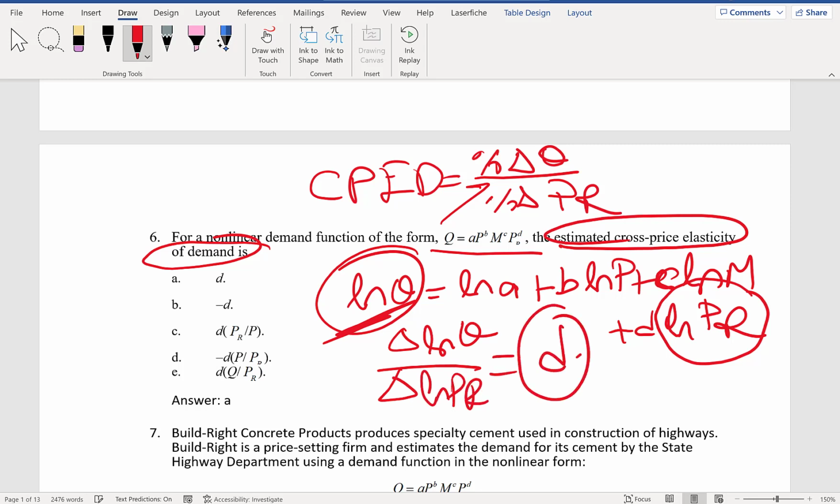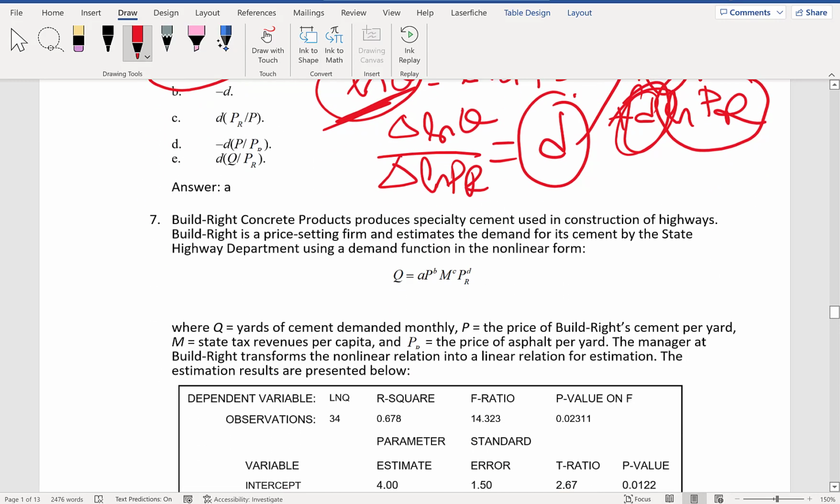Basically, D is going to be your cross elasticity of demand. Remember, it's very easy. In logarithm form, this coefficient will be the elasticity. So it makes it easier.